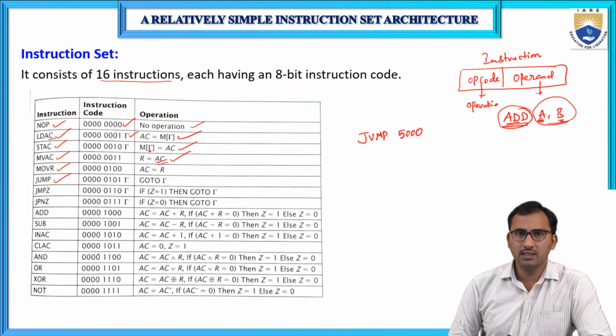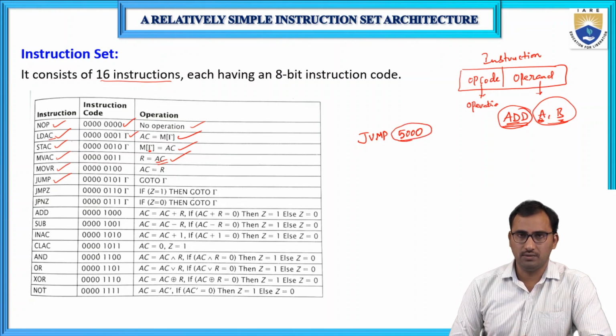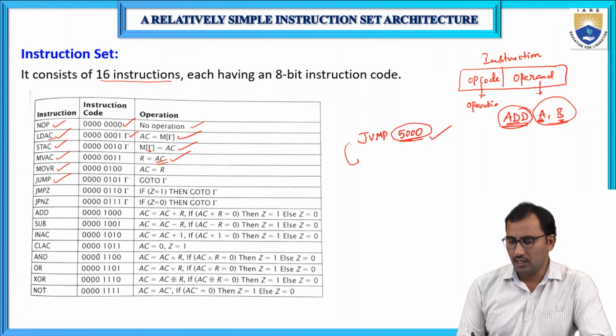Whenever this type of instruction is executed, the program control will be transferred to the address specified in the instruction. Here the address is 5000, so the program control will be transferred to this 5000 location instead of going to the next address. Here this is a symbol we have used to represent the address part.